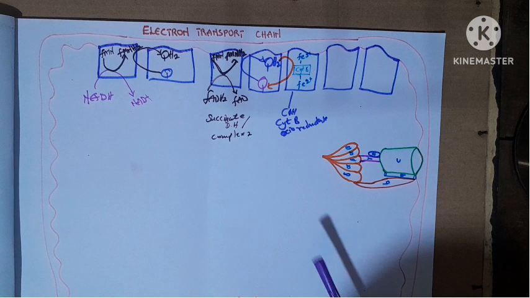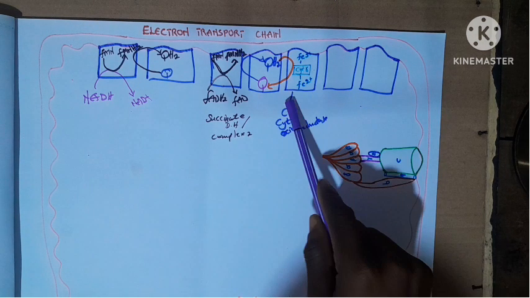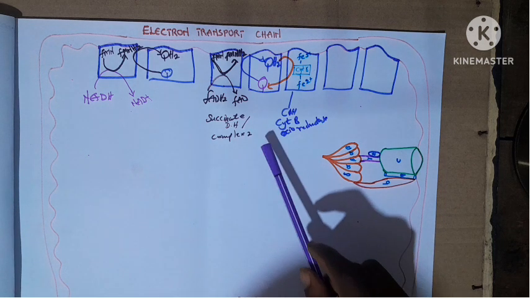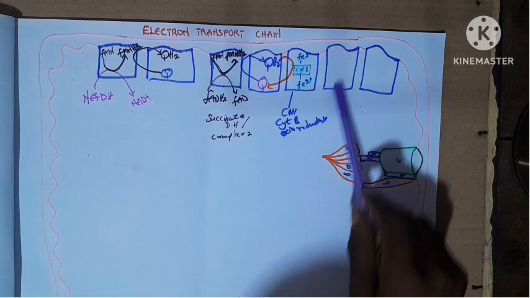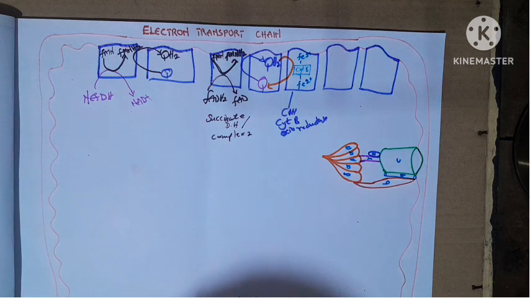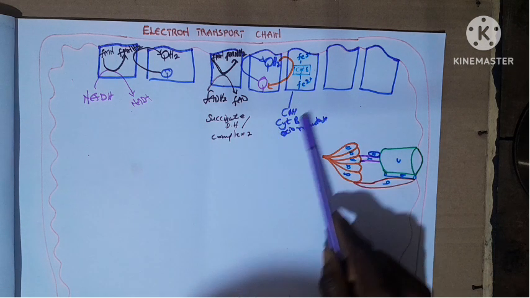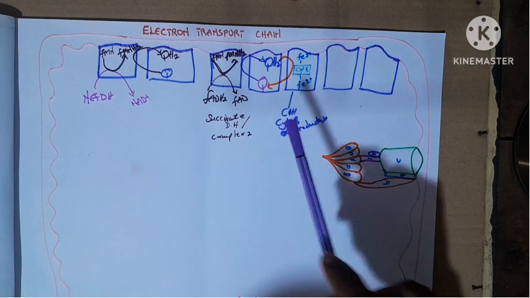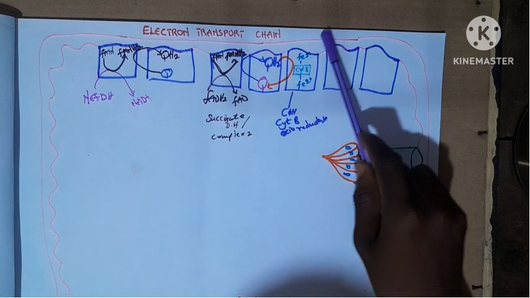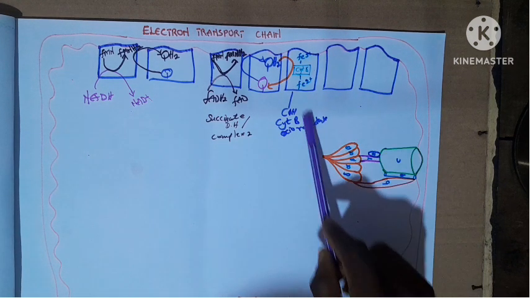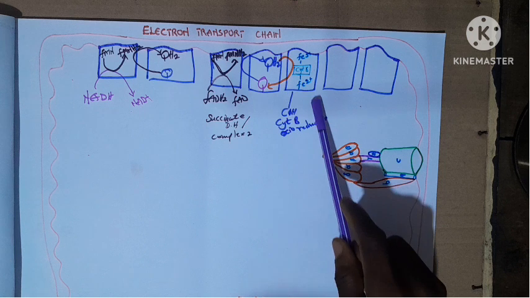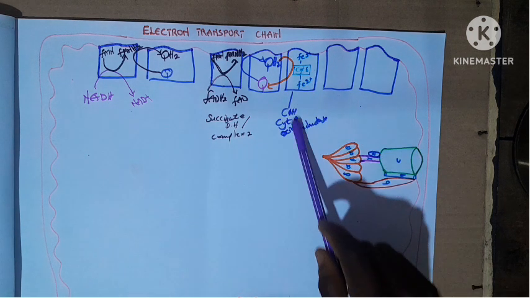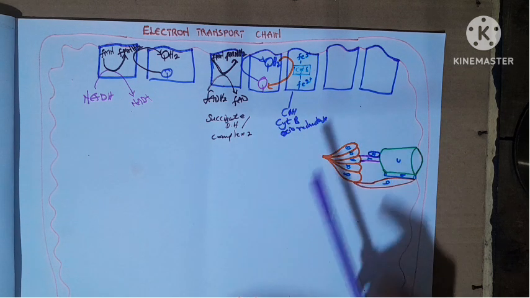And when the electrons are passed from Fe3+ to Fe2+, it makes Fe2+ be in a high energy state. But this Fe2+ doesn't want to be in a high energy state, so it will pass these electrons to the next step, which we call cytochrome c. So this Fe2+ is going to pass its electrons to cytochrome c.